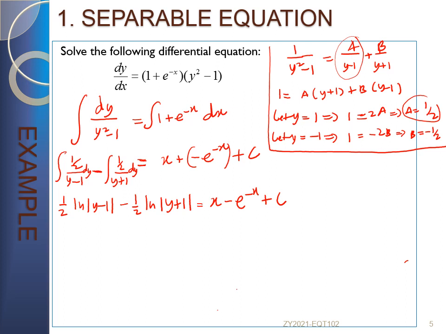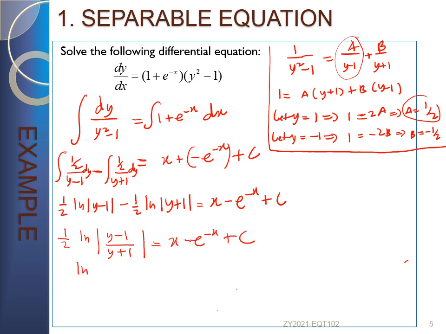So 1 over 2 here, 1 over 2, we take out the 1 over 2. So the ln we can combine. If it is minus, it will be over. Okay, this equals x minus e^(negative x) plus c.